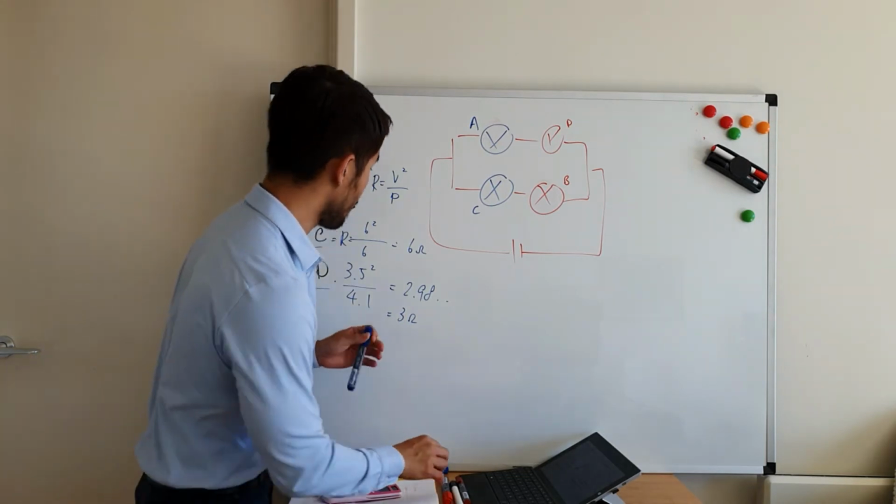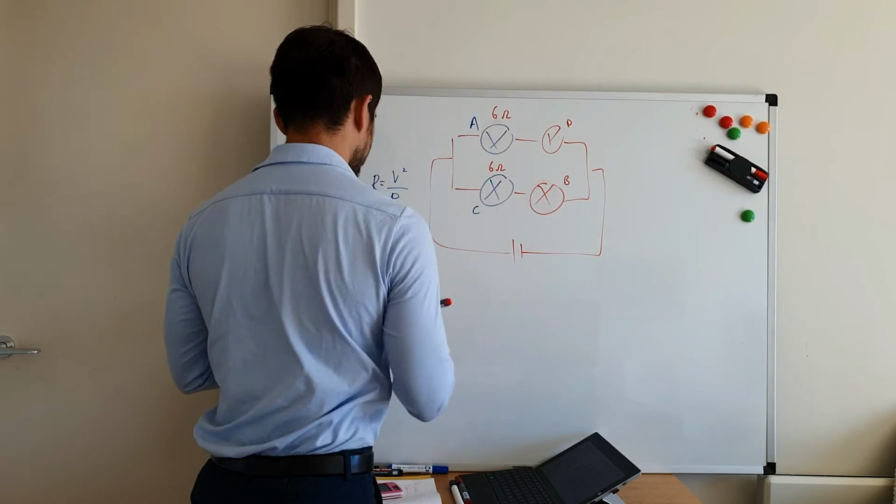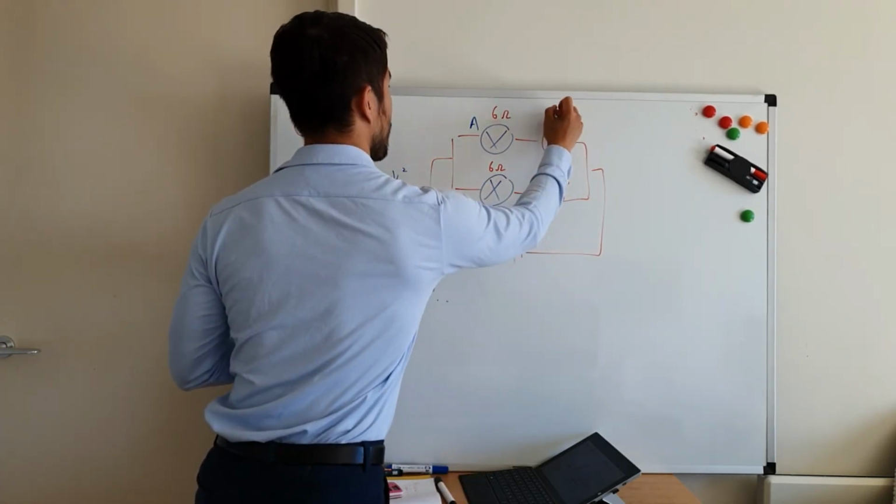First, write this down: 6 ohms, 6 ohms, and then we got 3 ohms and 3 ohms.